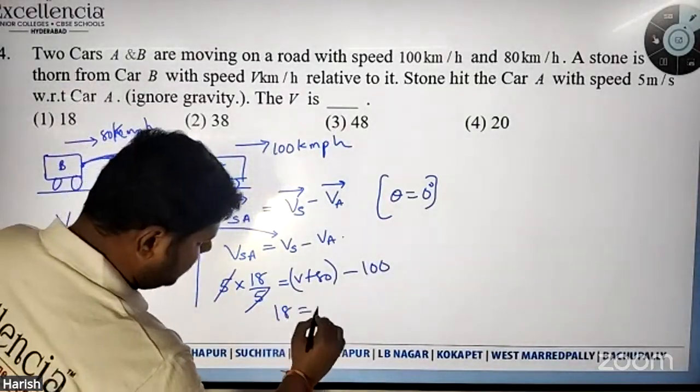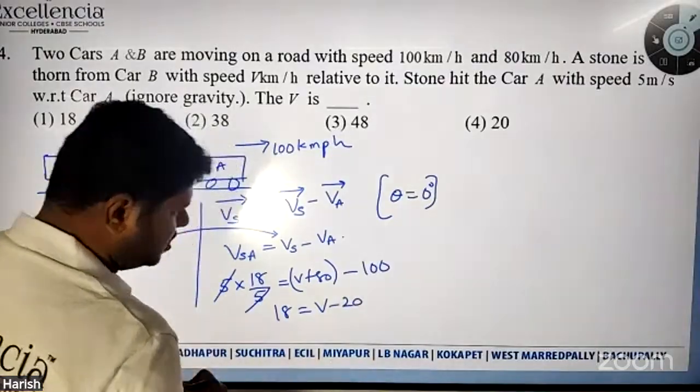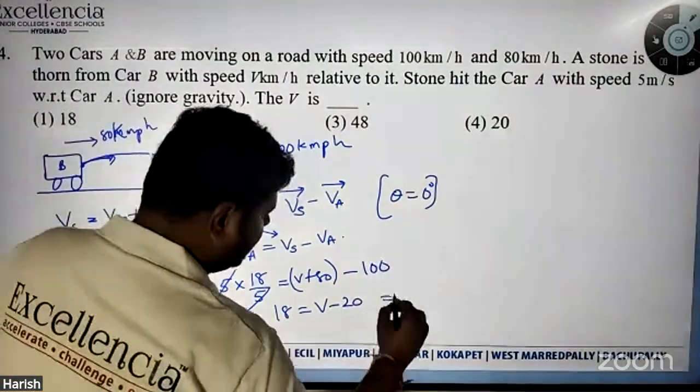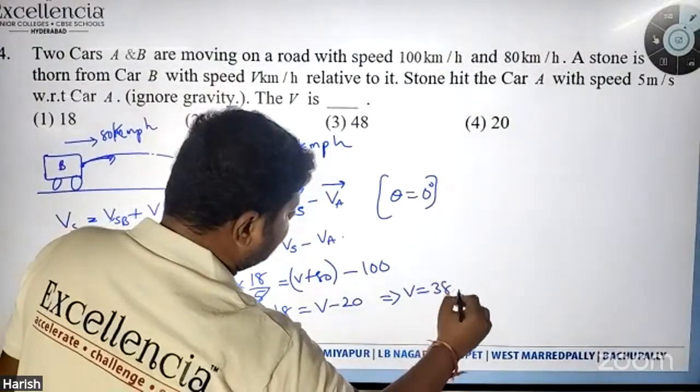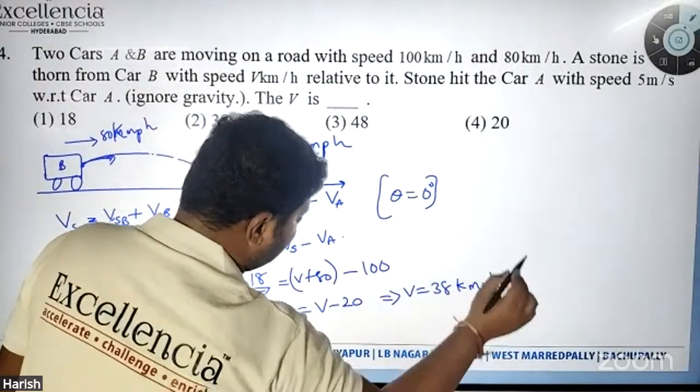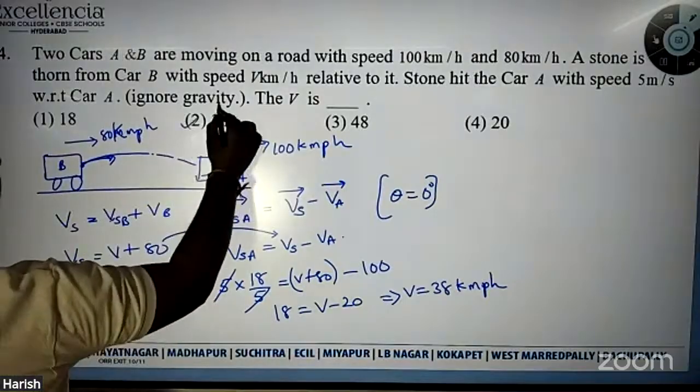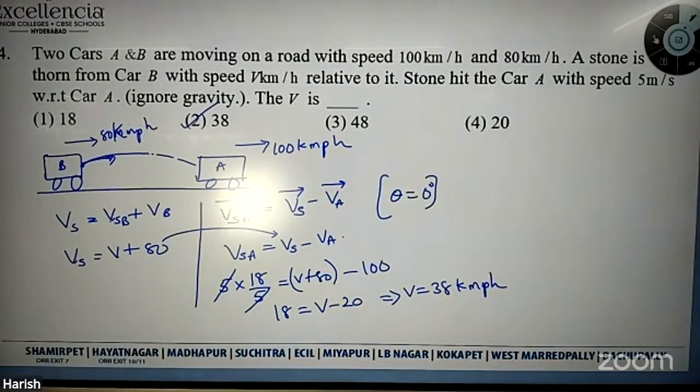So 18 is equal to V minus 20. So V is equal to 38 kilometers per hour. So the answer is 38 kilometers per hour.